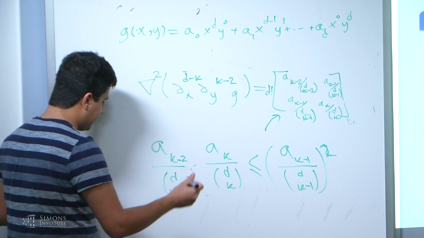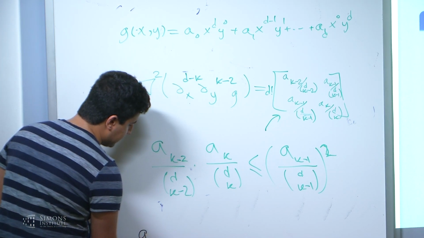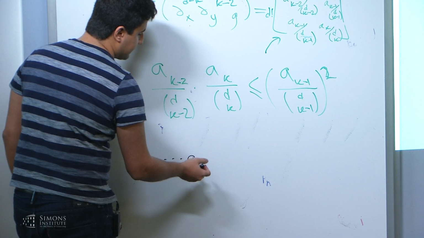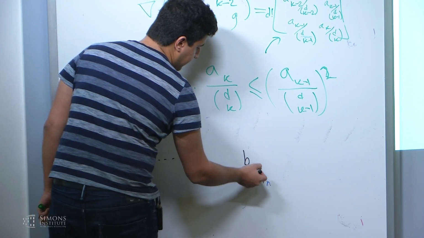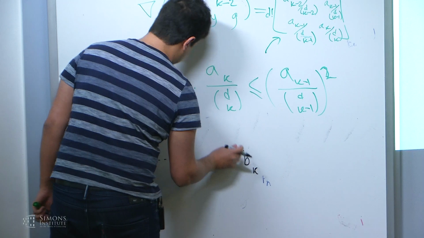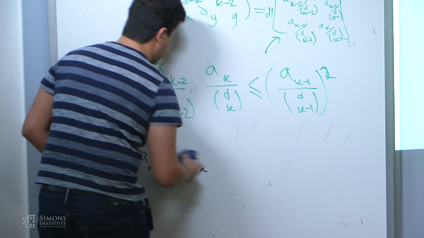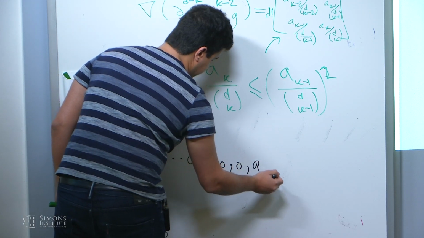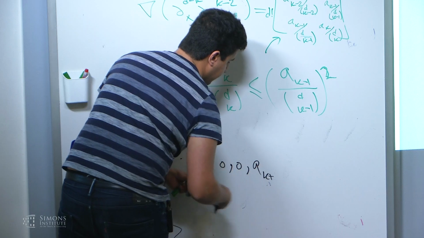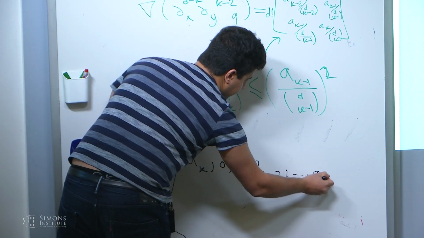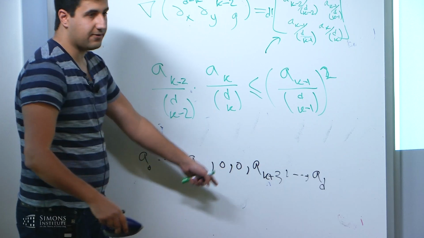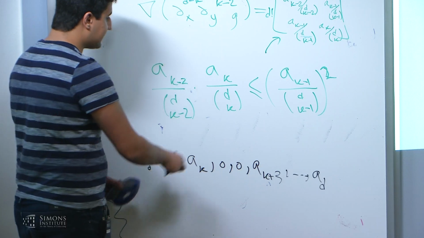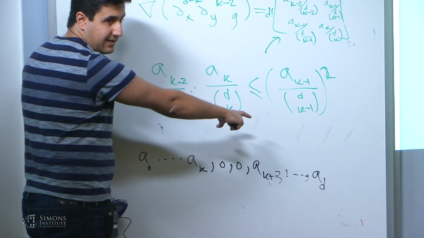So if you have, let's say, two sequences which are log-concave or ultra log-concave, where one goes up to a_k and the other one starts later, so you have a sequence of this form which has internal zeros, it can still satisfy inequalities of this form.